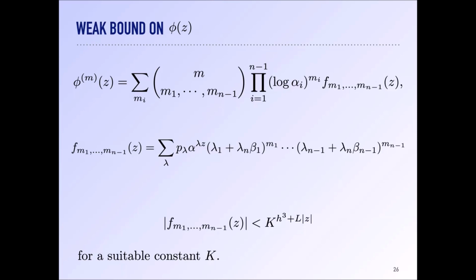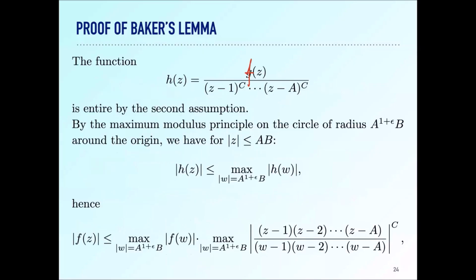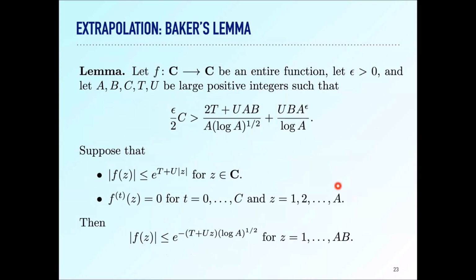That bound is going to be so good that even when you multiply by all the other conjugates, the product is still less than 1. If it's an algebraic number, then it has to be 0.